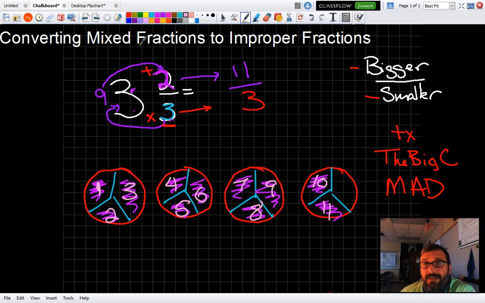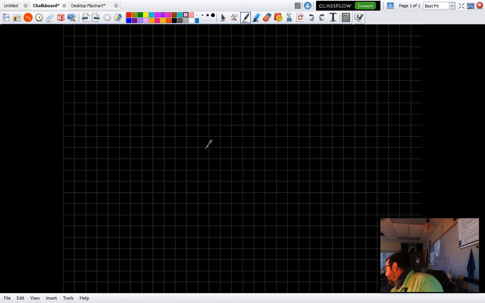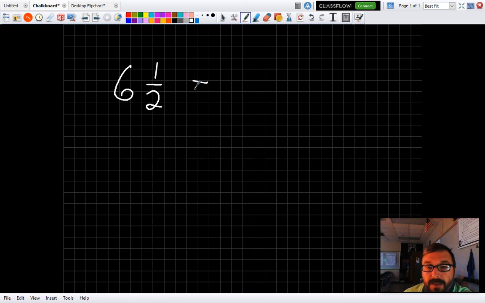And that's it. It's that simple. Let's take one more look because I don't like to leave you with just one fraction or one example. So we'll clear the board real quick and we'll look at 6 1/2. And I want to convert this into an improper fraction.